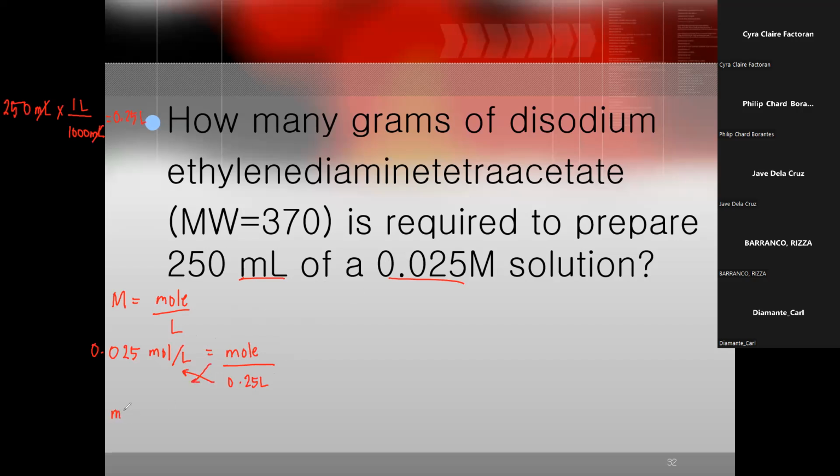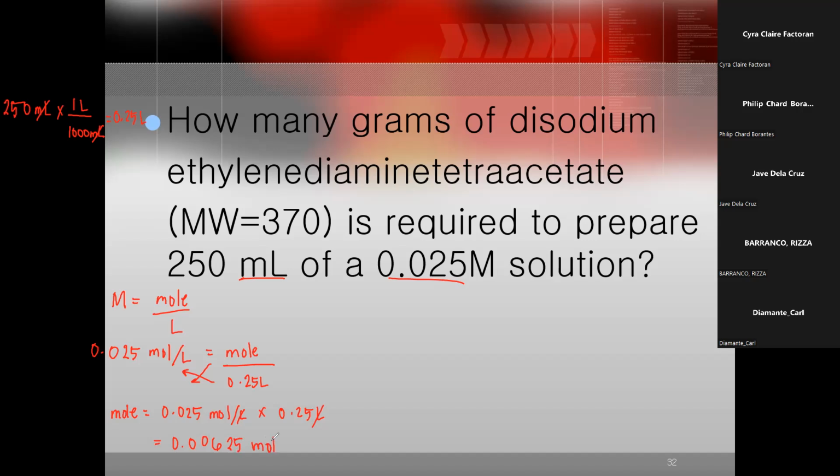Cross multiply. Move the moles down. We have here 0.025 moles per liter times 0.25 liters. Cancel this. 0.25 times 0.025 is 0.00625 moles.